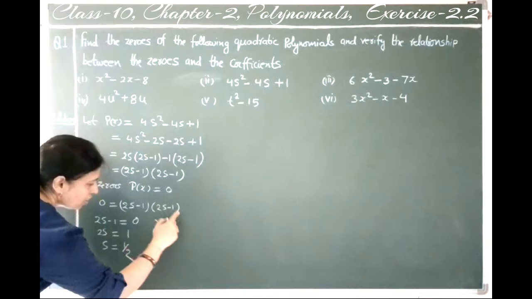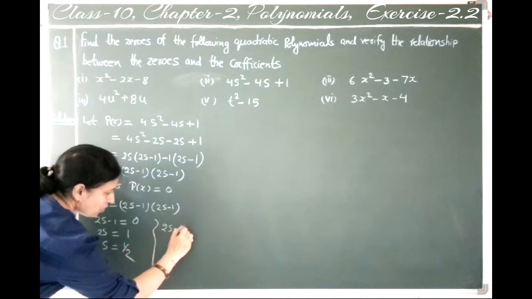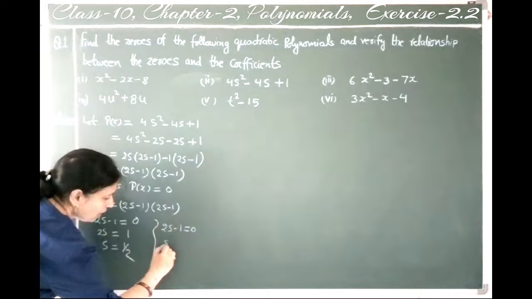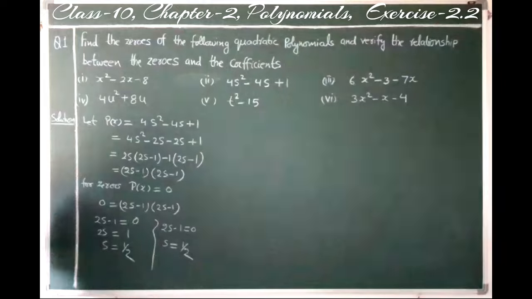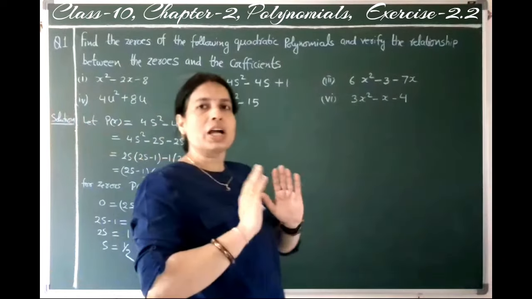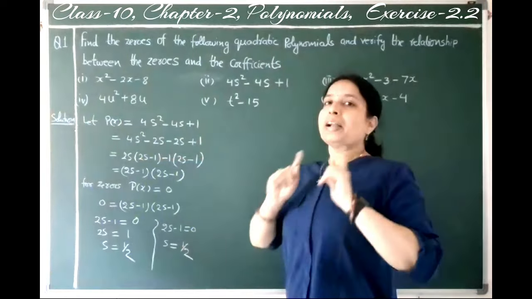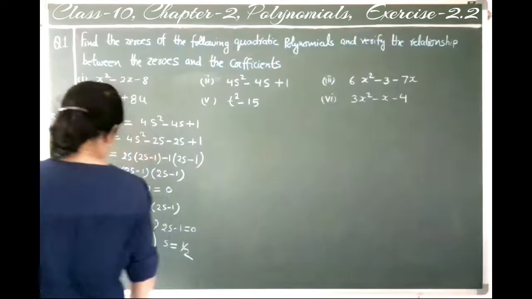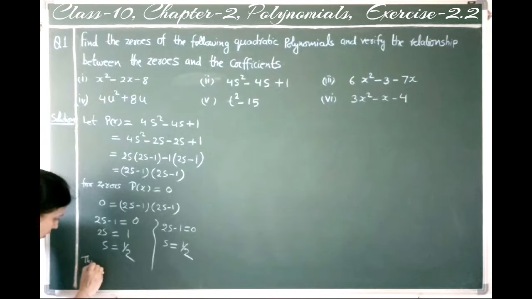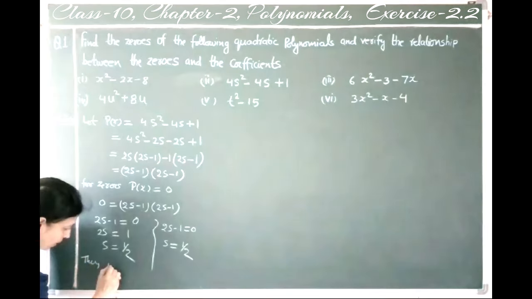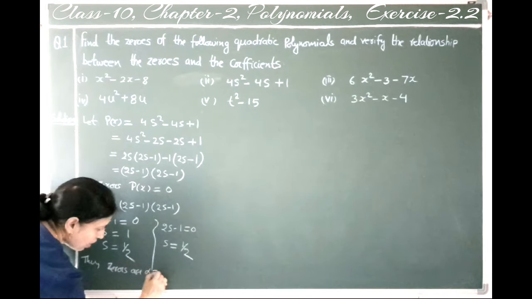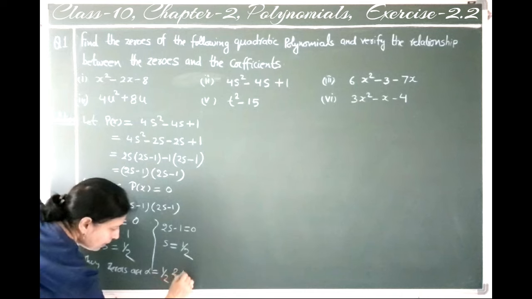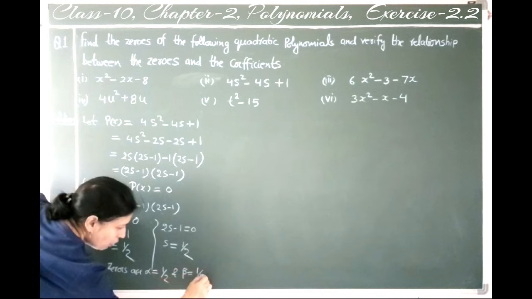If you take this 2s minus 1 is equal to 0, you will get s is equal to 1 by 2. Now we have two zeros, alpha and beta, both are same here, 1 by 2 and 1 by 2. So we can write thus zeros are alpha is equal to 1 by 2 and beta is equal to 1 by 2.